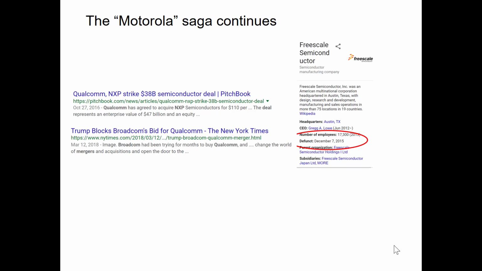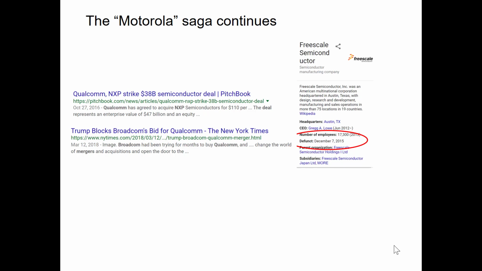Trump blocks Broadcom bid for Qualcomm. Oh, another company comes in there. Broadcom is another company that was a U.S. company that got acquired by Avago, and they decided they were going to acquire Qualcomm. And of course, then we have this Motorola being part of the Broadcom, Qualcomm, I guess the Broadcom operation.